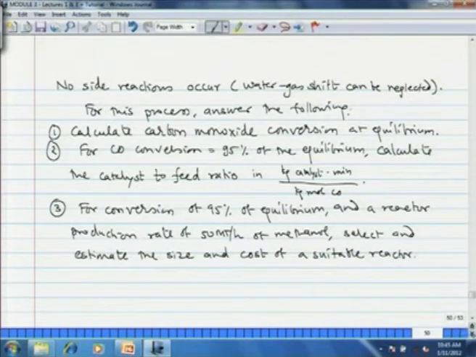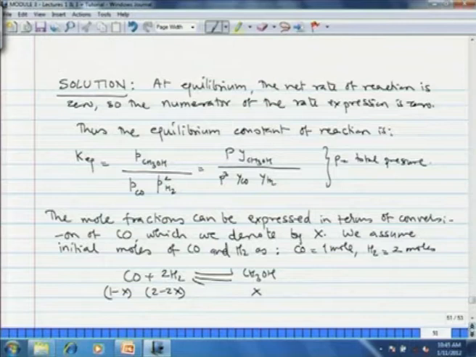So 3 questions. We take the first one, that is calculating the equilibrium conversion. Now at equilibrium, the net rate of reaction is 0. Therefore, the numerator of the rate expression that we saw should be 0. And if we do that, then we can immediately calculate the equilibrium constant K of the reaction as fugacity of methanol divided by fugacity of carbon monoxide into fugacity of hydrogen raised to 2.